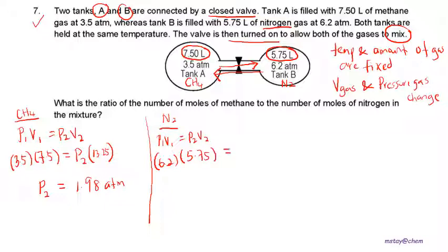After the valve is turned on, the new pressure we have no idea, but the volume of the container becomes 13.25, which is similar to the volume for methane. So the new pressure for nitrogen gas is 2.69 atm.